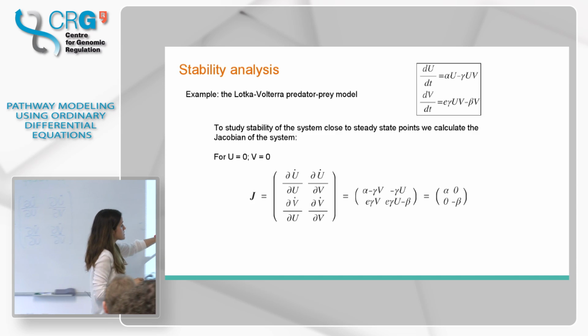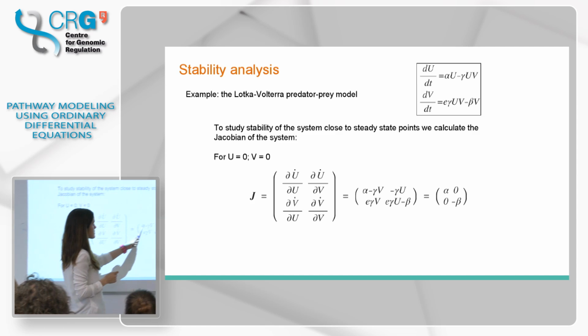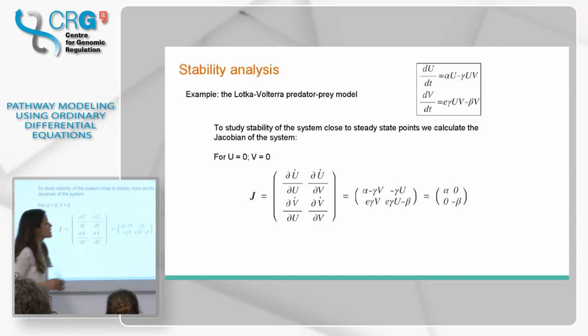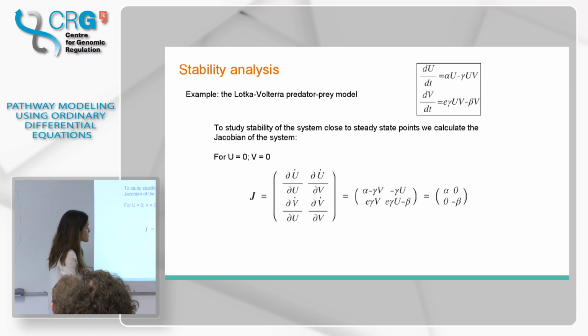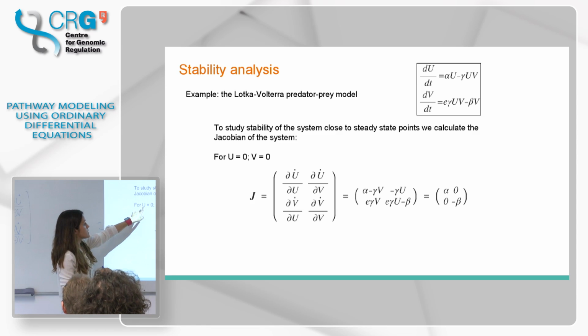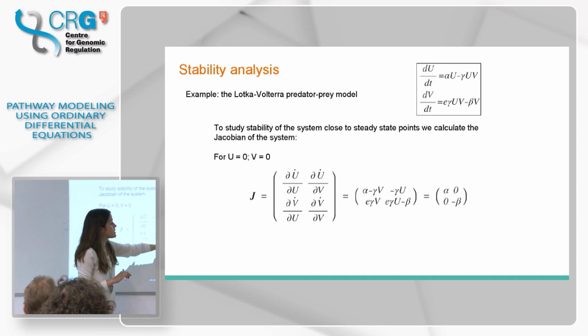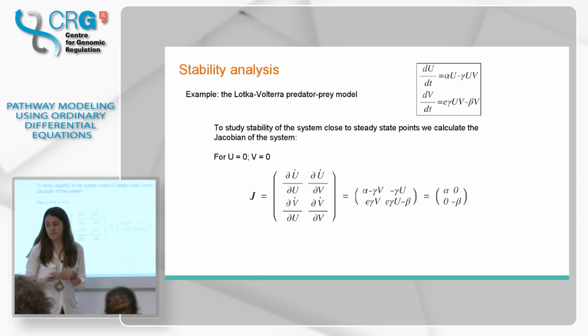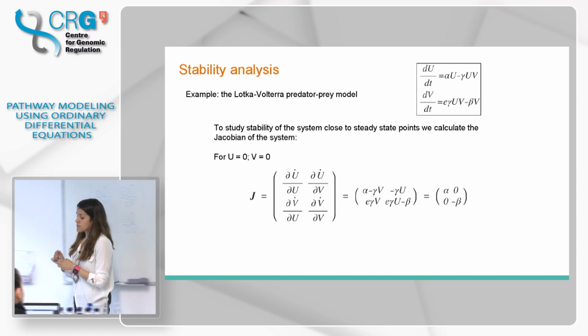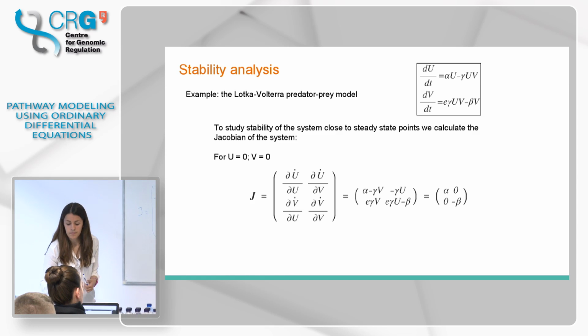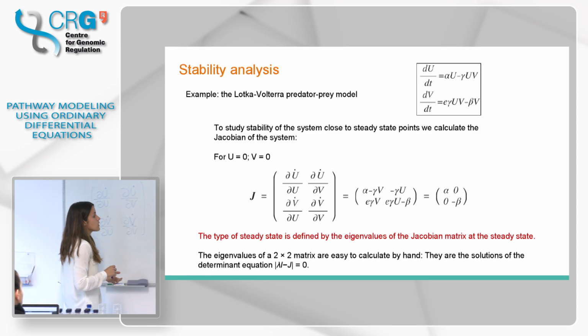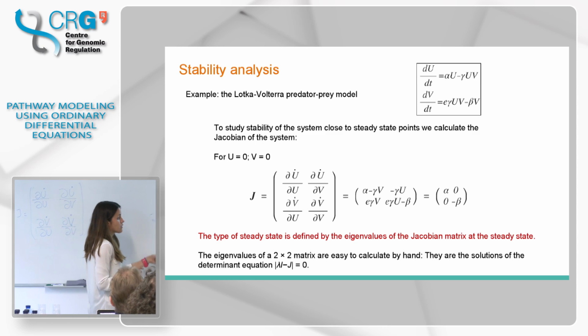Once we calculate these derivatives, these are the values that we get for them. For the steady state point where U is equal to 0 and V is equal to 0, we replace the values here, and this is what we get. To study the stability, we need to know the eigenvalues of this Jacobian matrix.